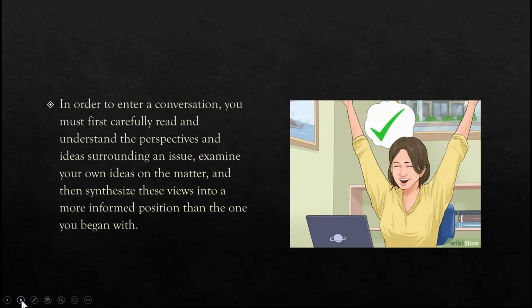In order to enter a conversation, you must first carefully read and understand the perspectives and ideas surrounding an issue. Examine your own ideas on the matter and then synthesize these views into a more informed position than the one you began with. You have to consider all the information that is out there. Same with the essay. You can't blindly look at one side of the story. You need to look at every part of the story in order to write a good essay.